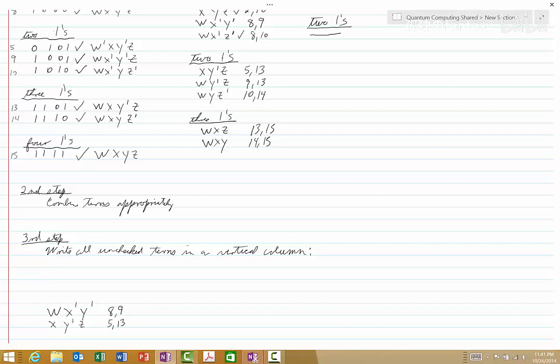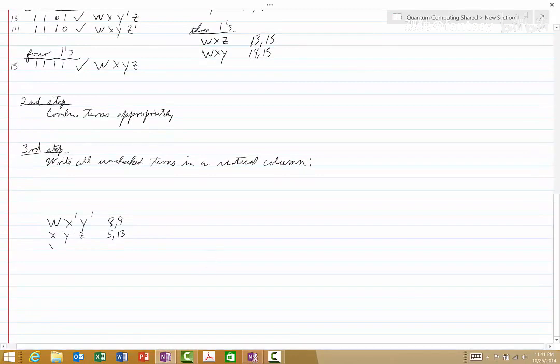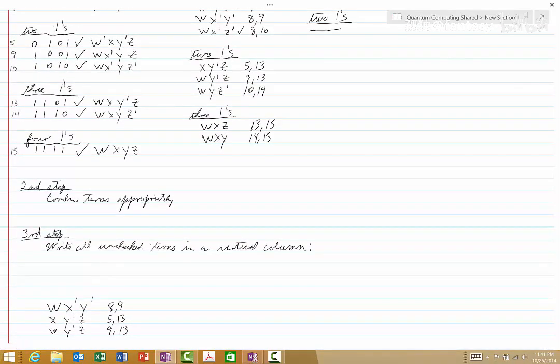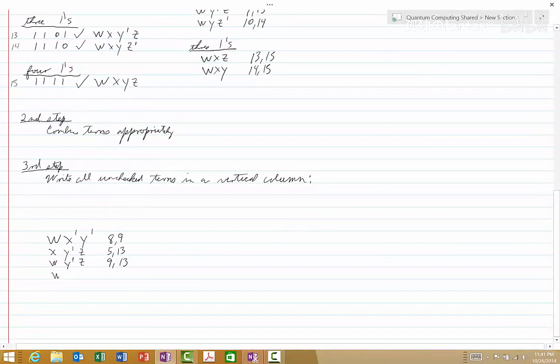The next one with no check mark is W, Y prime, Z, which is 9, 13. The next one is W, Y, Z prime. And that's 10, 14.